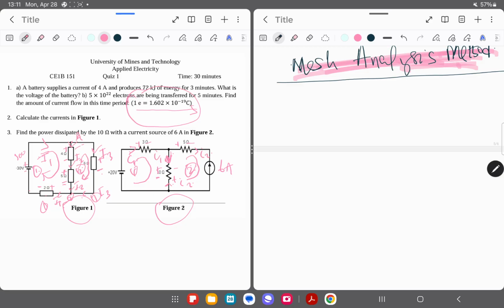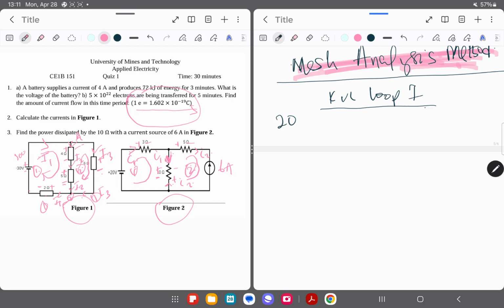Now let me write the equation. We are using mesh analysis, so we apply Kirchhoff's voltage law to loop 1. For loop 1, like I just indicated, we are moving clockwise, meaning going from minus to plus gives us 20, a rise in voltage.